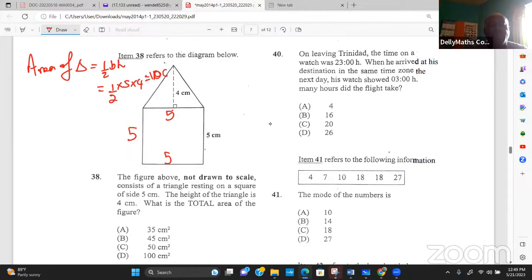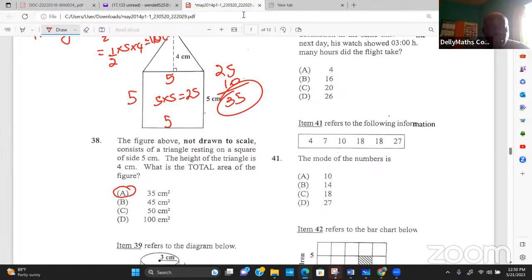So this is 10 cm square. And then this is a square, 5 times 5 is 25. So I'm adding 25 plus 10. I'm looking for 35 as my answer, and it is at A. That's the area of the entire thing, the area of the square plus the area of that triangle.